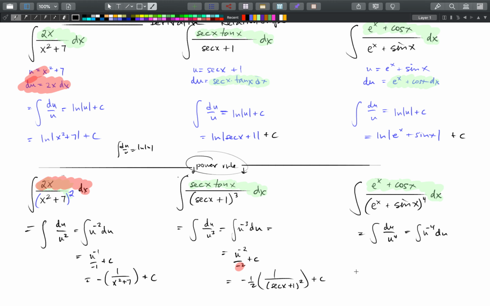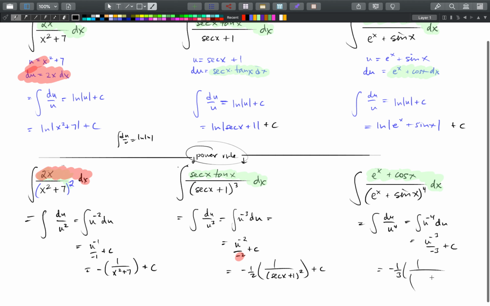And we're adding c, and then finally we're kicking this up by 1 and dividing by it. So this leaves us with negative 1/3 out in front of 1 over u cubed, and what was u in this context? e to the x plus sine x. So e to the x plus sine x all cubed.